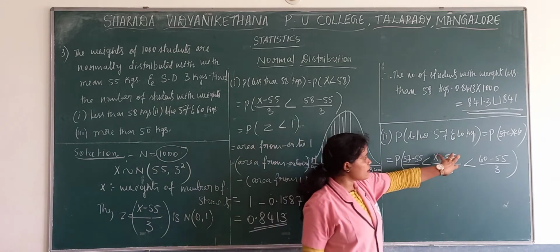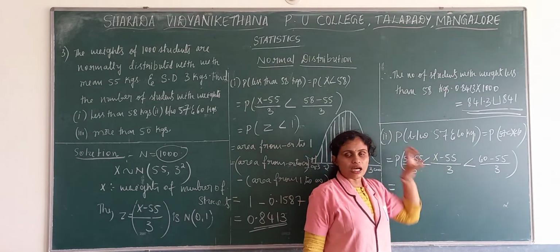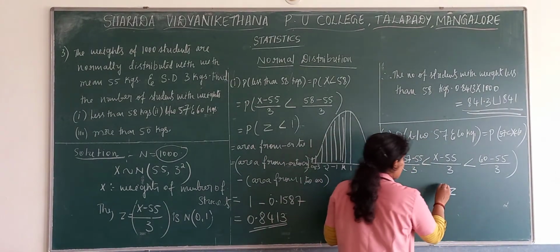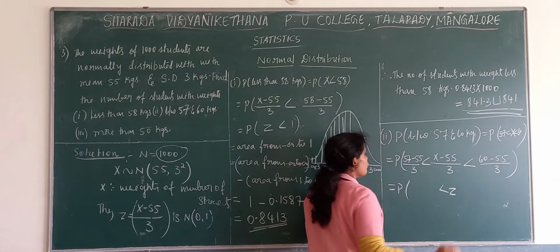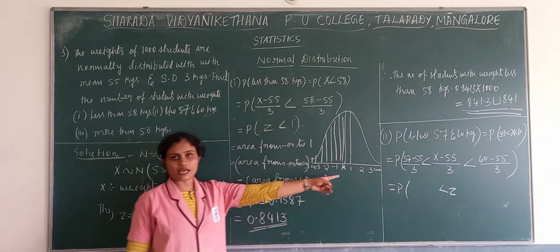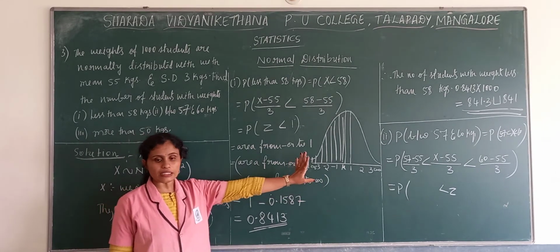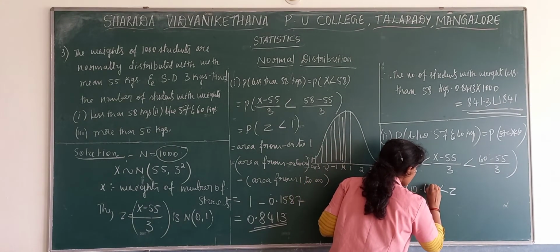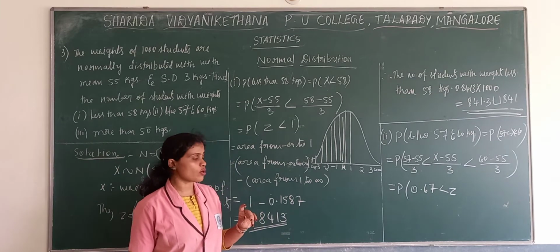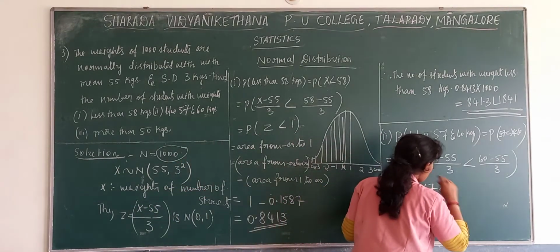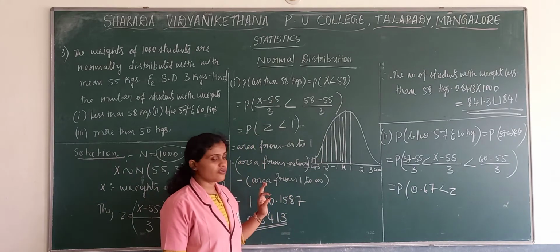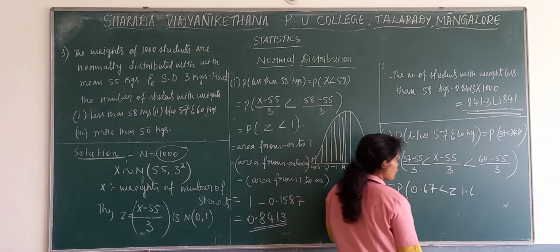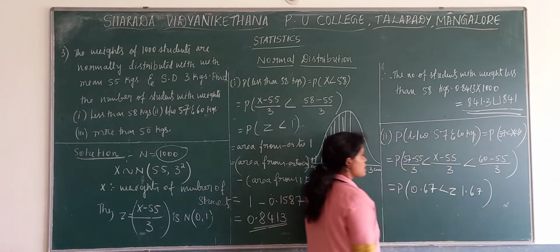Now you know that this particular formula we use to convert a normal variate into a standard normal variate Z. Then it is greater than, when you calculate 57 minus 55 divided by 3, you get 0.666, make it approximately 0.67. Now here 60 minus 55 divided by 3, then you get 1.66, make it approximately 1.67.